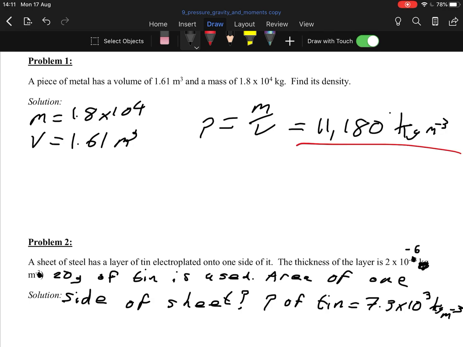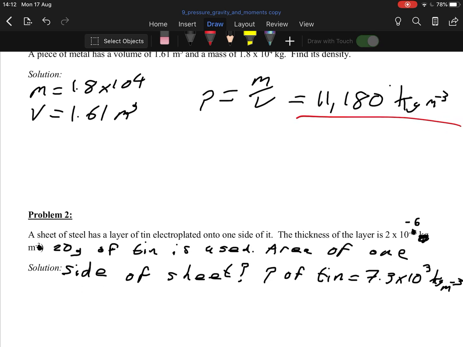The thickness of that layer is 2 by 10 to the minus 6 meters, and the mass of the tin is 20 grams. And the density of tin is 7.3 by 10 to the 3. Okay, so what we need to do here is we need to find the volume.